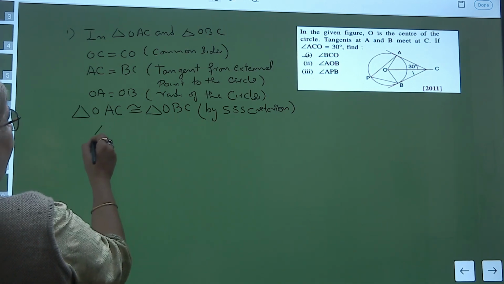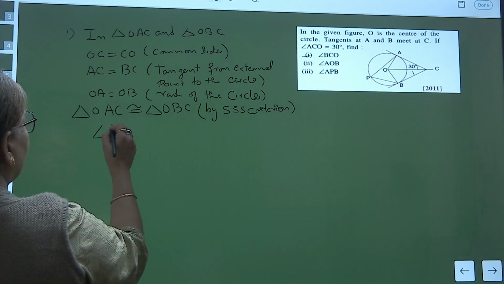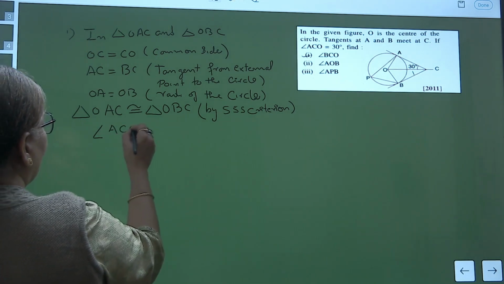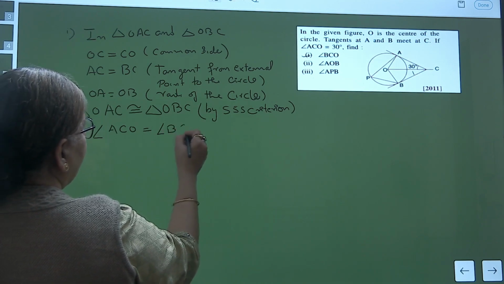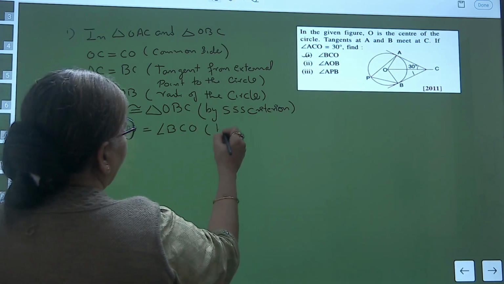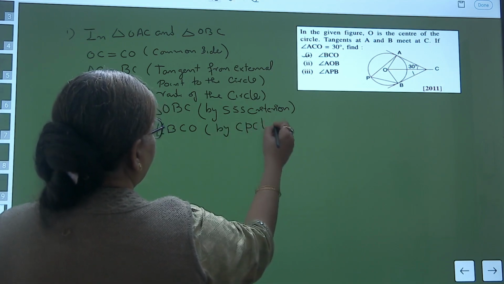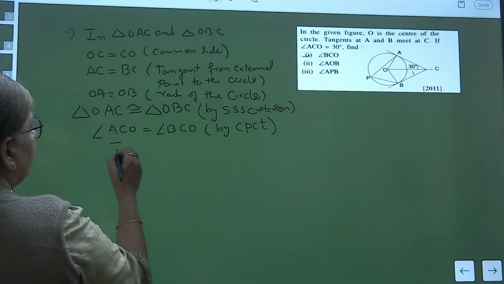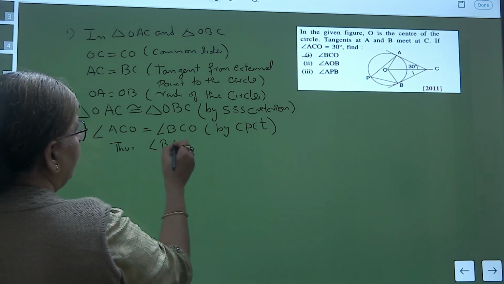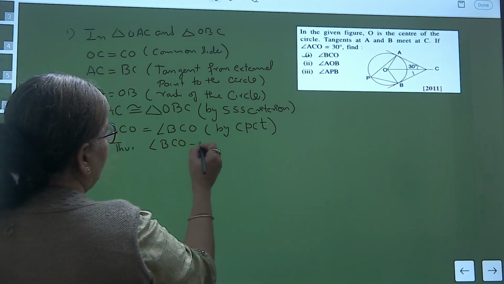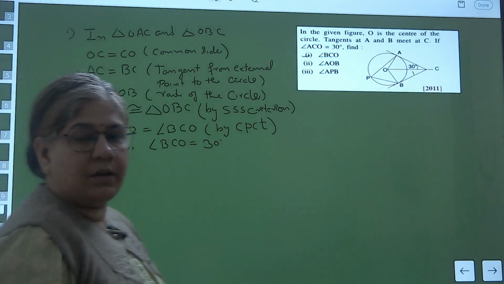Therefore, angle ACO is equal to angle BCO by CPCT. Thus, angle BCO is equal to 30 degrees. So, the first part is done.